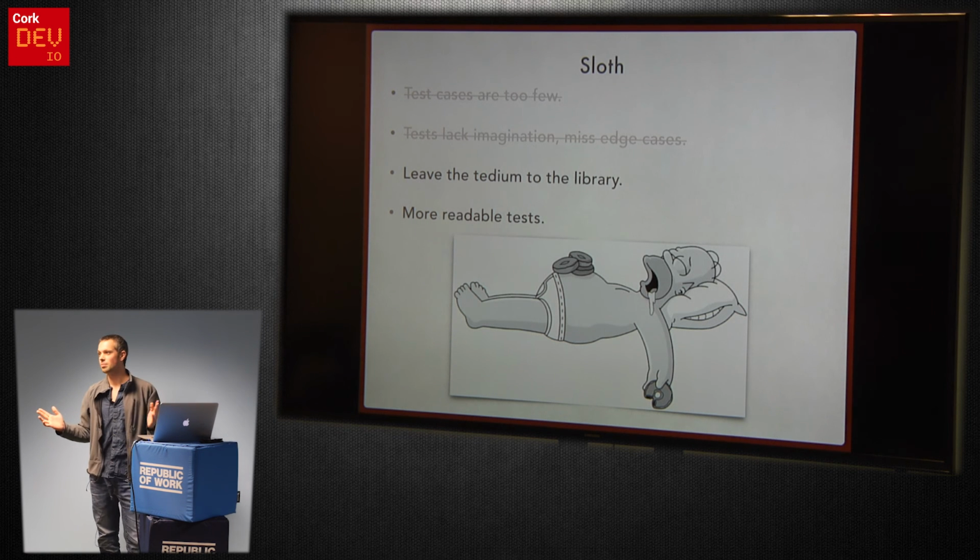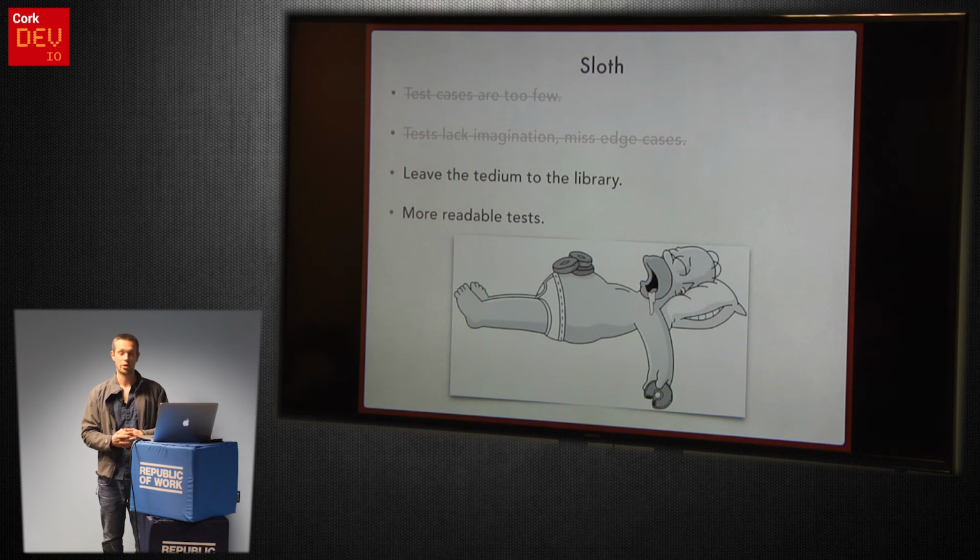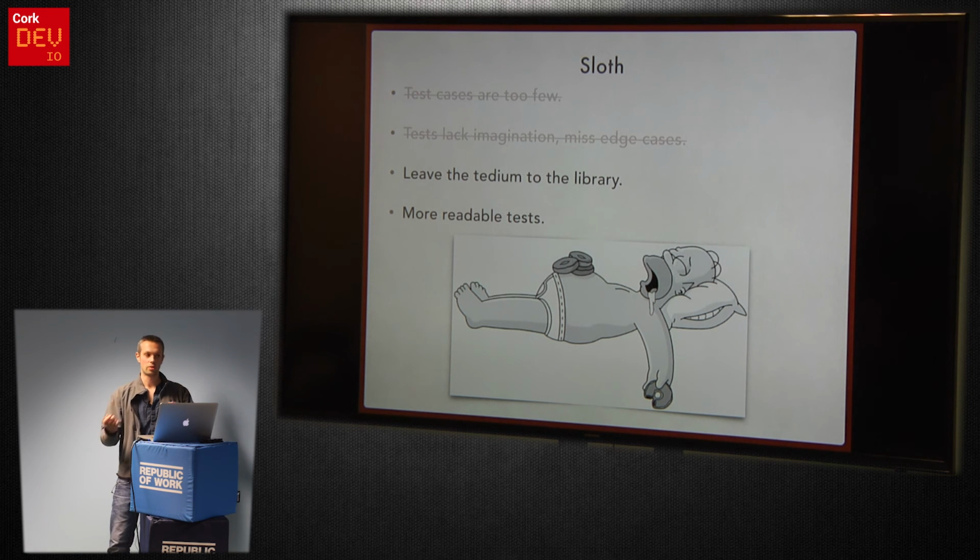Sloth: you can actually indulge in laziness. You leave the tedium to the library. You leave the library the hard work of generating random test cases. And that makes for more readable tests. Simplicity is in the eye of the beholder, but I find properties really easy to read, more so than example-based tests.